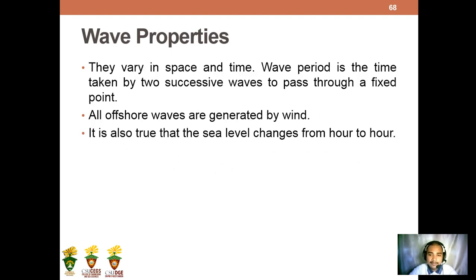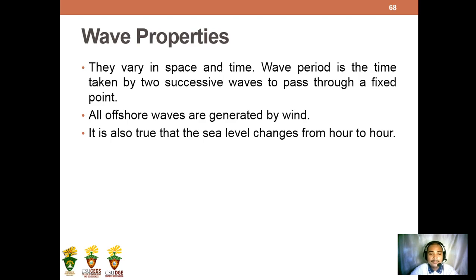The wave period is the time taken by two successive waves to pass through a fixed point. So the wave period is the time between two crests you experience, or two troughs. Of course, your point is fixed, or you are the one encountering the waves. To get the wave period, you observe two crests passing you, or two troughs.